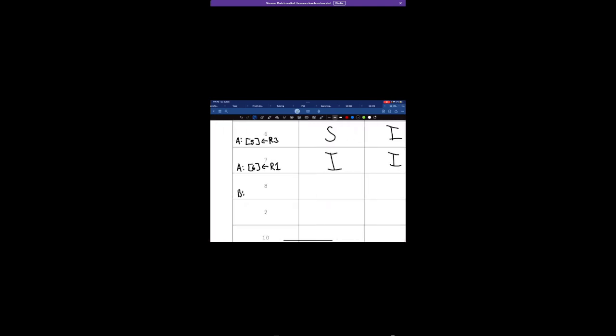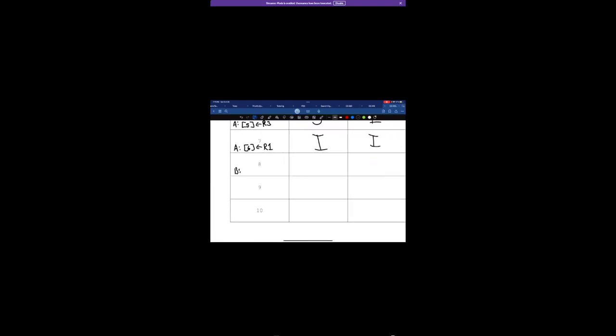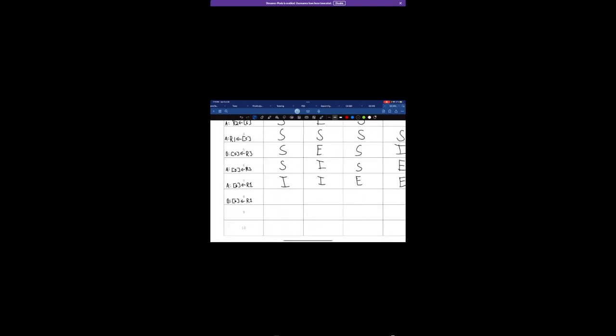An 8 is B. And we're running instruction 4, so let's do this again. And we see on processor B, 6 is currently invalid, meaning it's a miss.